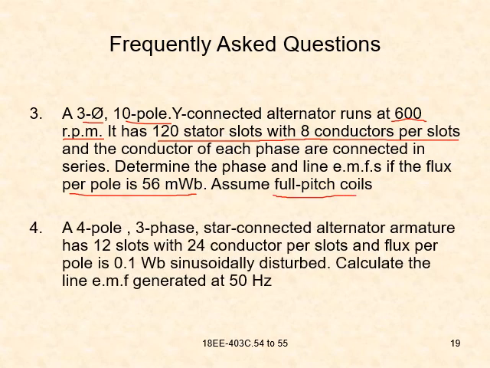And there is another problem: a 4-pole 3-phase star connected alternator armature has 12 slots with 24 conductors per slot, and flux per pole is 0.1 Weber sinusoidally distributed. Calculate the line EMF generated at 50 Hz.